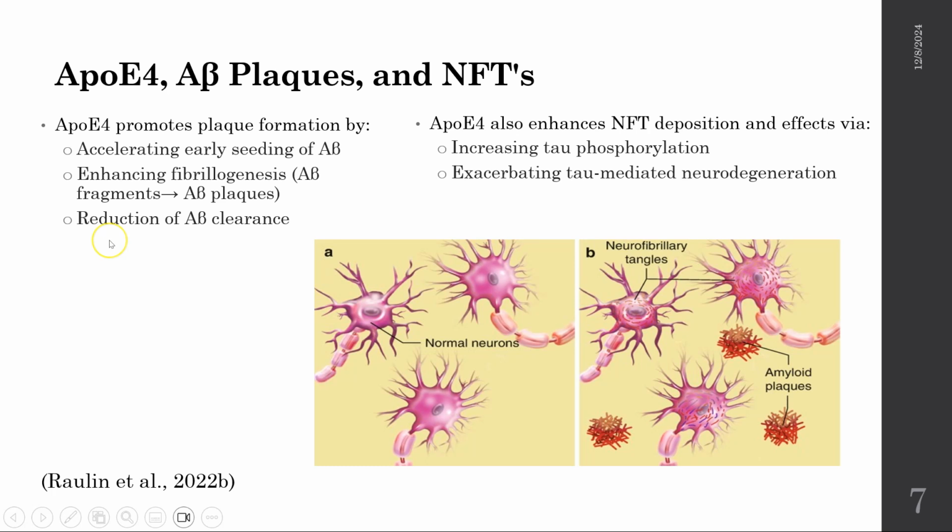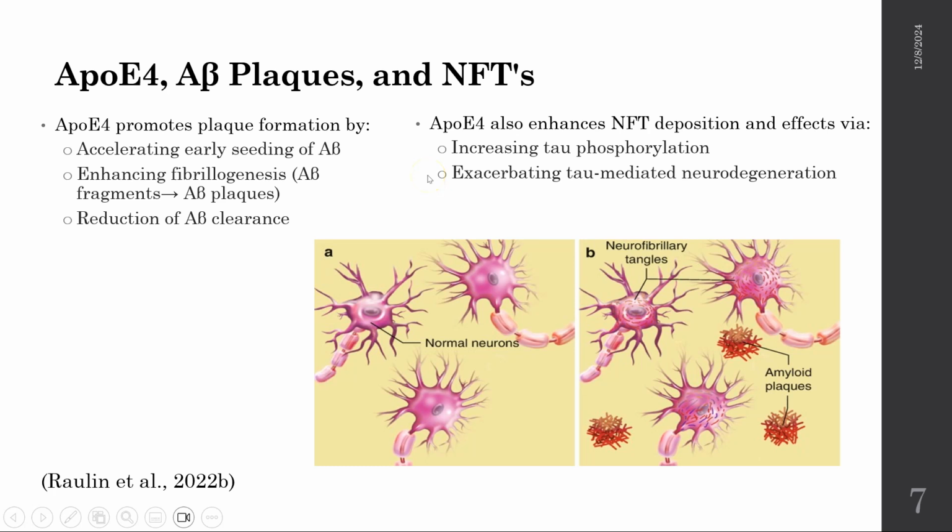And we also see a reduction in the ability to clear beta amyloid once it begins to build up in the brain. APOE4 also enhances deposition and negative effects of neurofibrillary tangles by increasing tau phosphorylation, which is essentially the increase in the amount of tangles within the neuron.